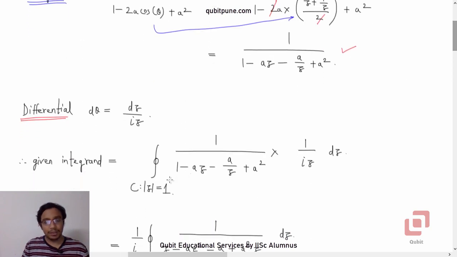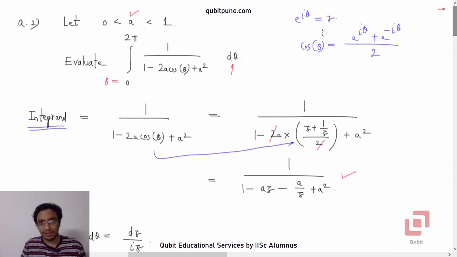Therefore the given integral will now get transformed to a contour integral evaluated along the contour C, which is the unit circle, mod z equal to 1, due to the substitution z equal to e to the power i theta.